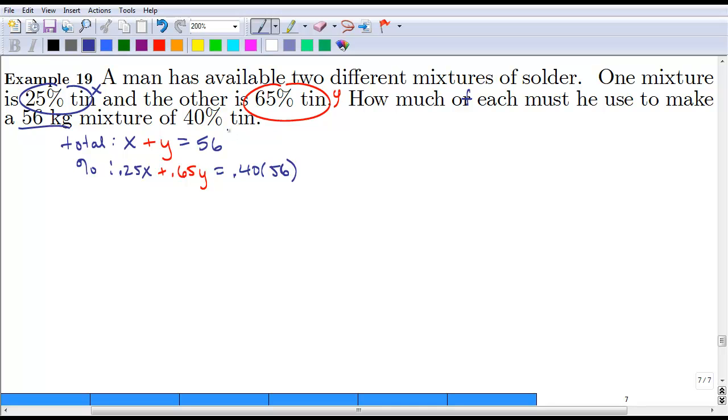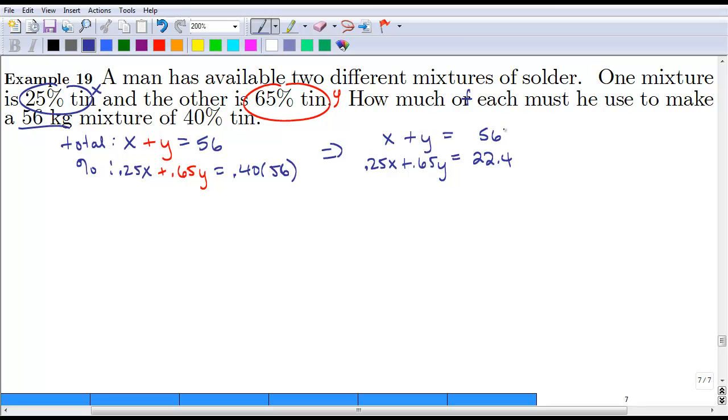So that's why it's nice to set up the first equation, the total equation, because then all you have to do is multiply each respective part by its respective percentage. If we simplify, we end up with x plus y equals 56, and 0.25x plus 0.65y is equal to 22.4.